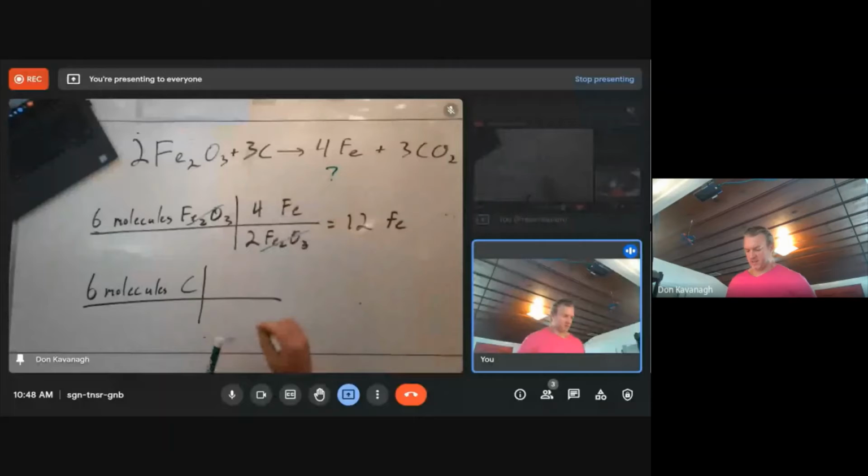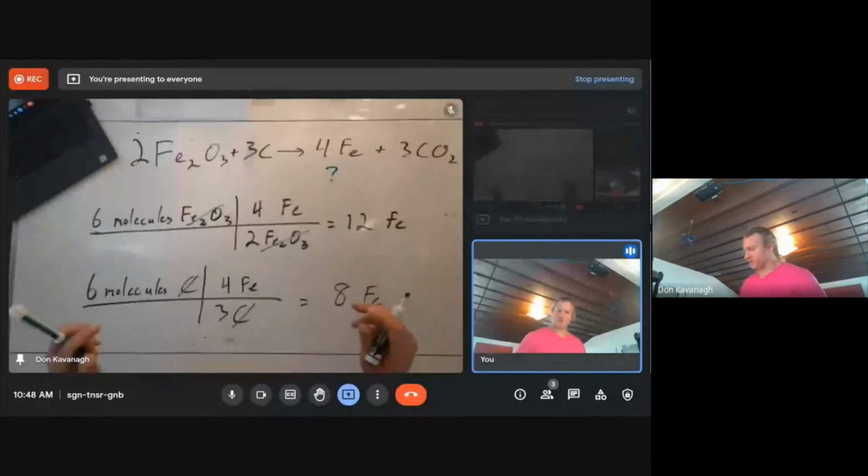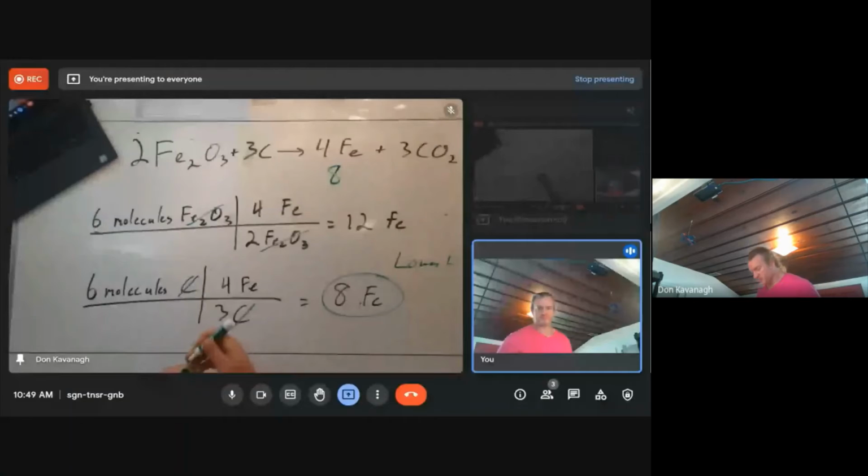Based on this math, we get a potential of 8 quote-unquote sandwiches being produced. Now, the lowest answer is the best answer, because the lowest answer tells us we have a limiting reactant. So we will make 8 iron atoms in our reaction at the end.